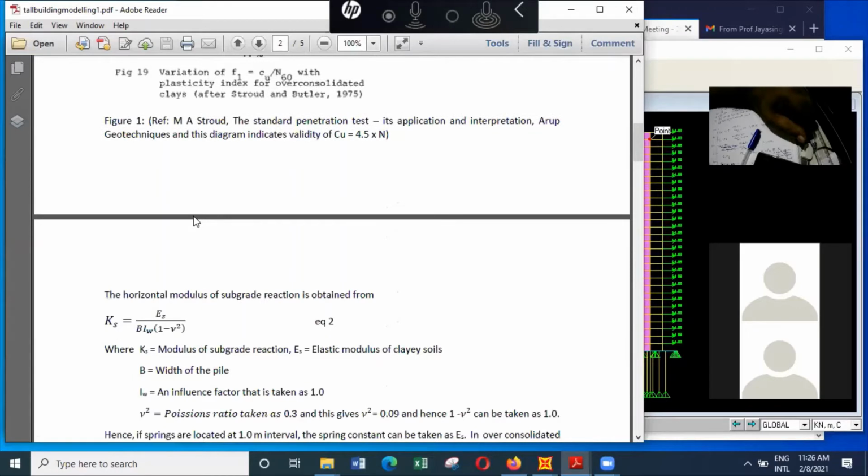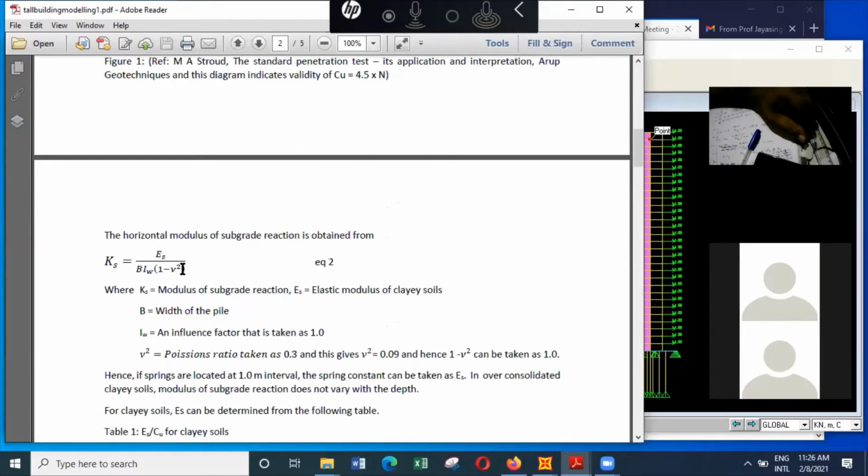And then when it comes to the subgrade reaction, it is a function of elastic modulus of soil and the width of the member that we are going to model. So if you have a 1 meter diameter pile, then B is equal to 1. And nu is 0.3.